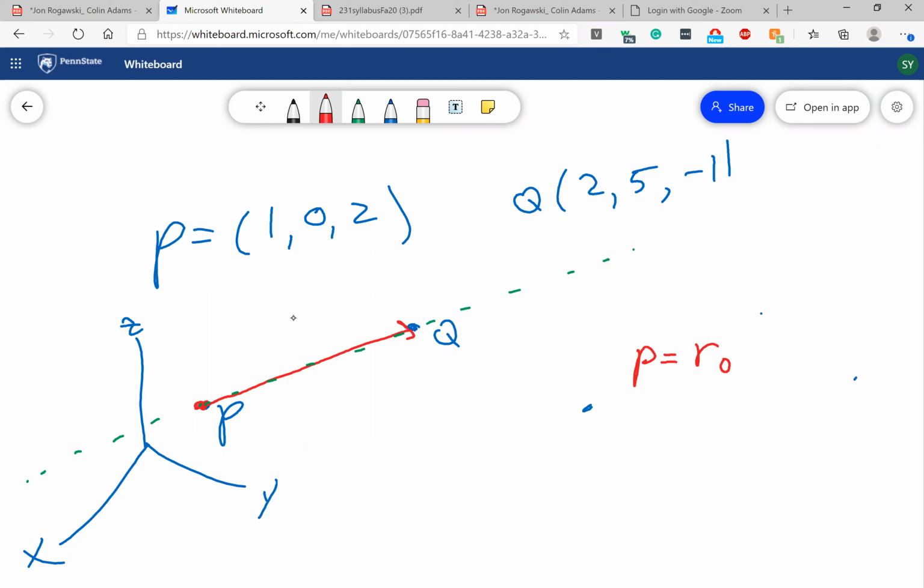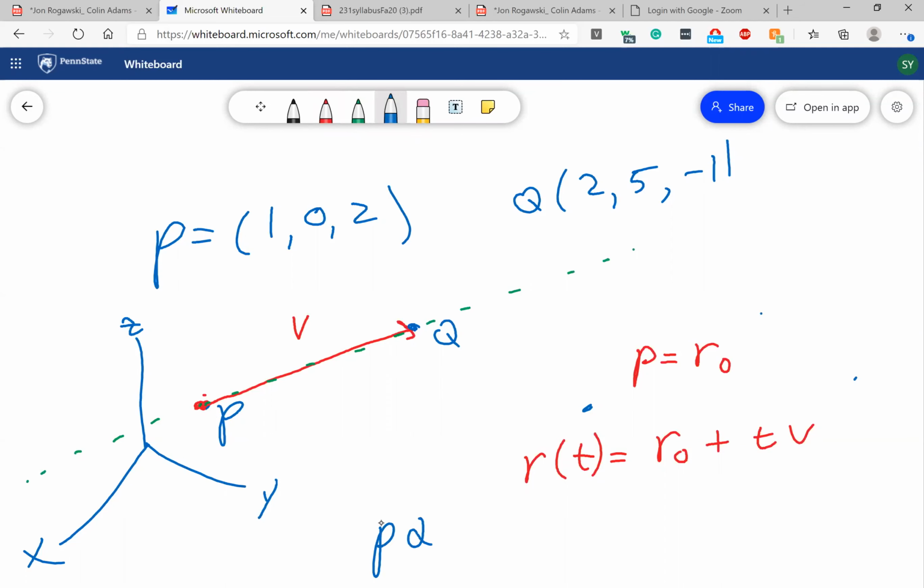And then that vector will be the vector V. And then the equation of the line is going to be, let's call the line R of t, R0 plus tV. So I already know my P, so I just need to find my V. And I can find my V by looking at the vector from P to Q.